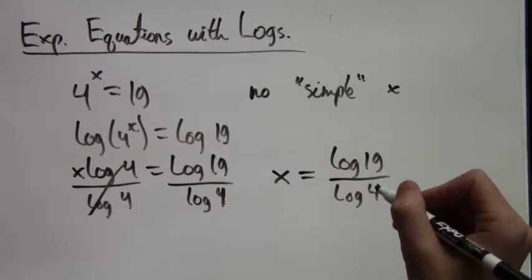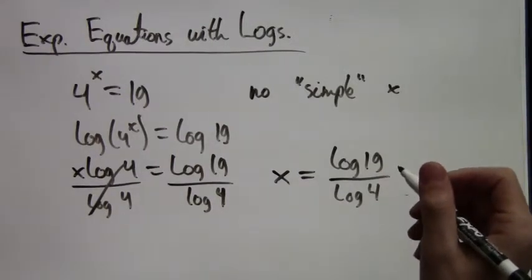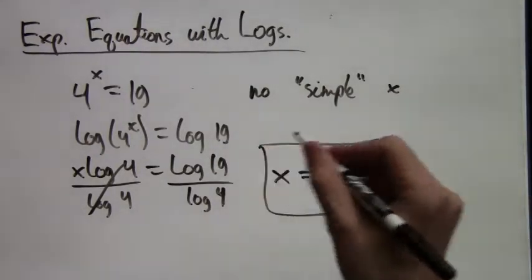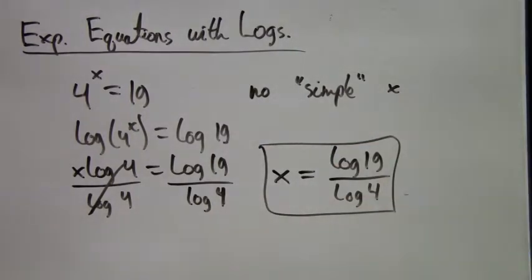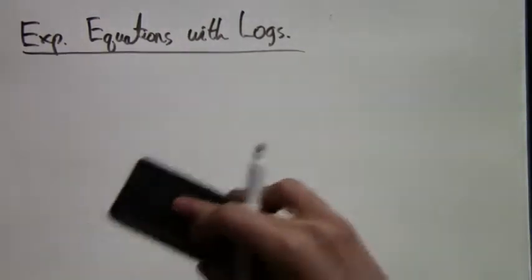This is our final answer. If you want a more definite answer, like a number, then you can plug this into your calculator very easily, and you'll get a crazy decimal.